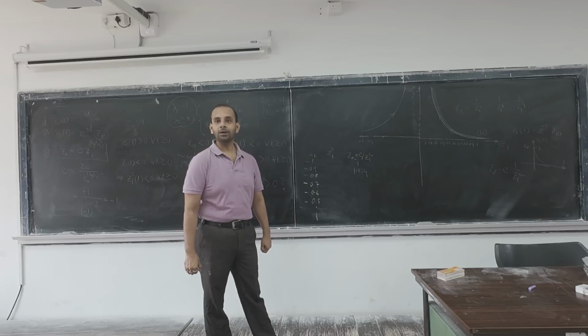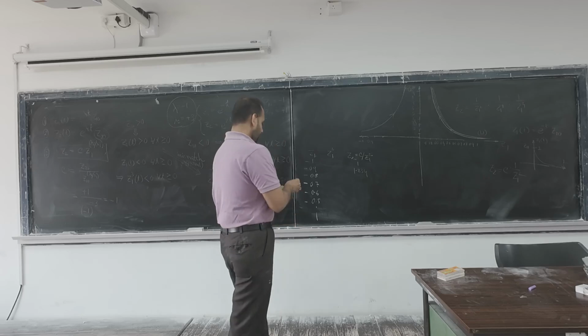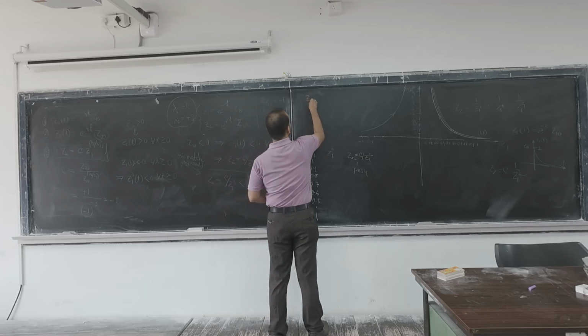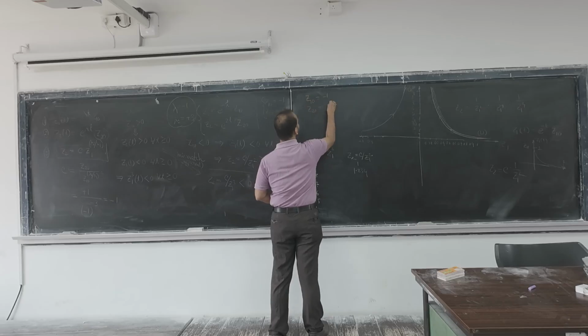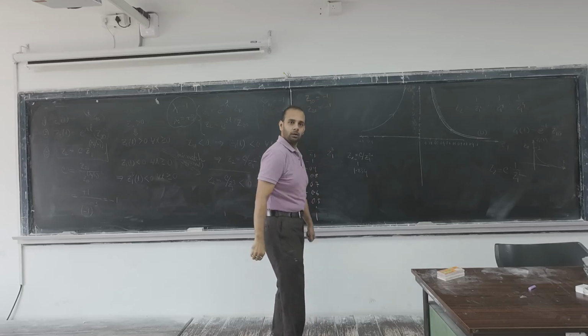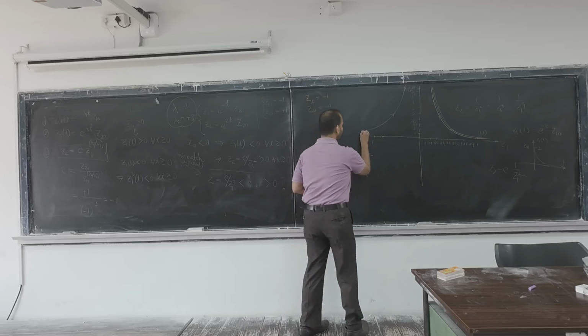Now, if it is on the third quadrant, that means after this, if I consider Z10 equals -1, Z20 is also -1, then what will happen? The first point here, what did I say?